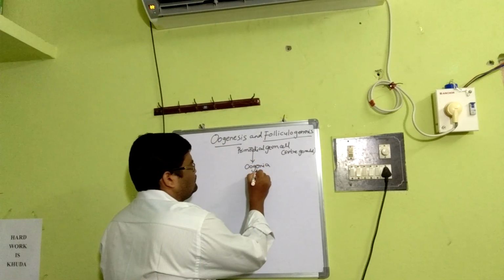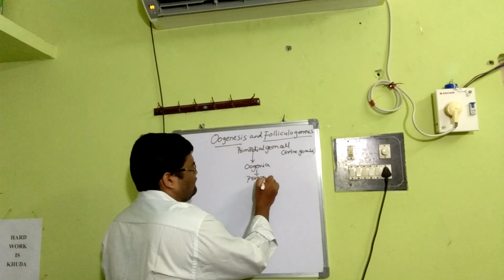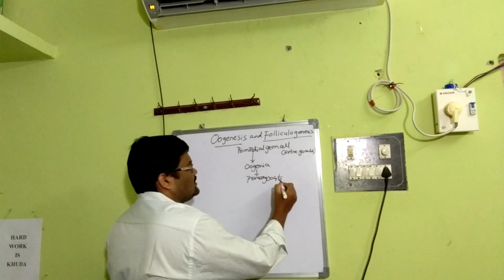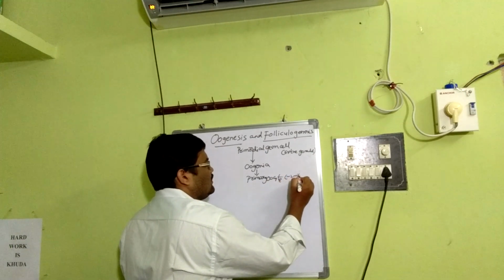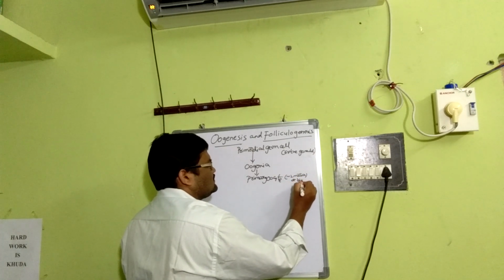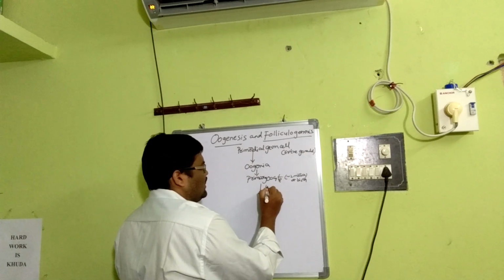Then this oogonia becomes a primary oocyte. The thing is, these primary oocytes are around 2 million at the time of birth, but they are under meiotic arrest.